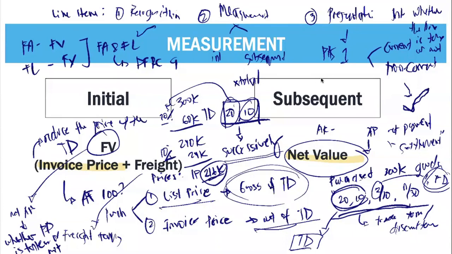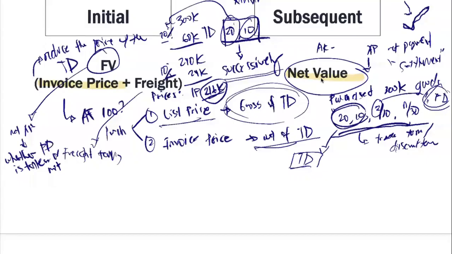So generally, you cannot place a doubtful accounts payable because you cannot say that you will not pay this one. So again, you still need to pay it at its net value, whatever is the settlement value of that accounts payable. So how do we measure your accounts payable? Initially at fair value, subsequently at net value.